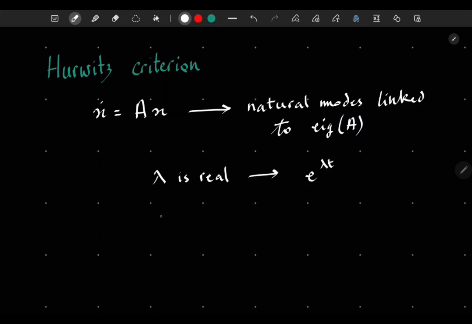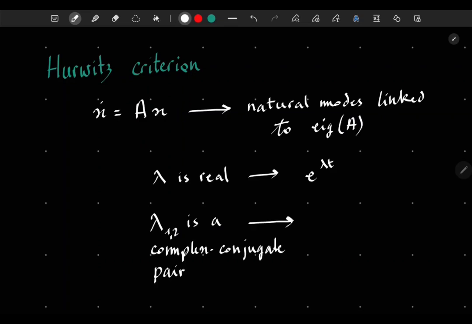While if lambda is complex, and in general for real systems we'll always have complex conjugate pairs appearing, we will have modes which have the form e to the real part of lambda times t, and then we'll have the sine or the cosine of the imaginary part of lambda times t plus some phase term.